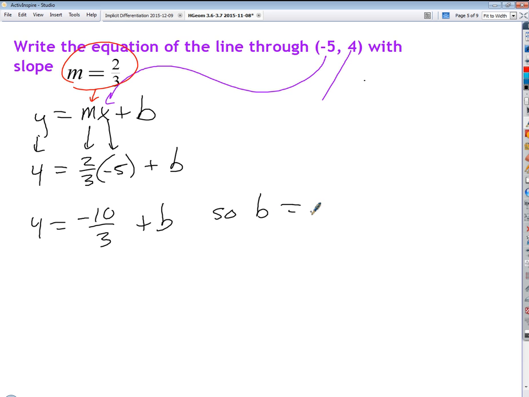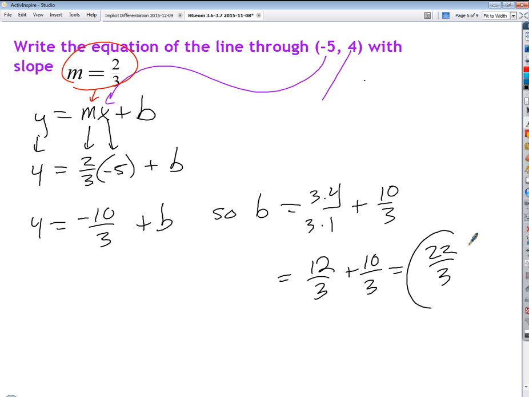So what's b equal to then? And you got that from just saying 4 plus 10/3, right? How many thirds is 4? 12/3. I could multiply this by 3/3, right? And get 12/3 plus 10/3 is how many thirds? 22/3.